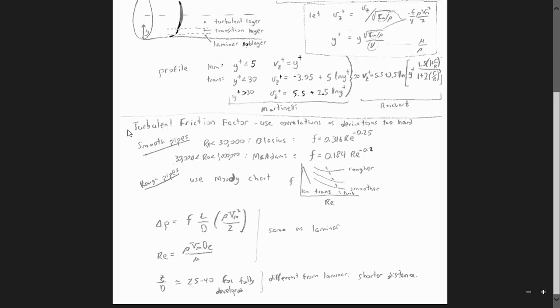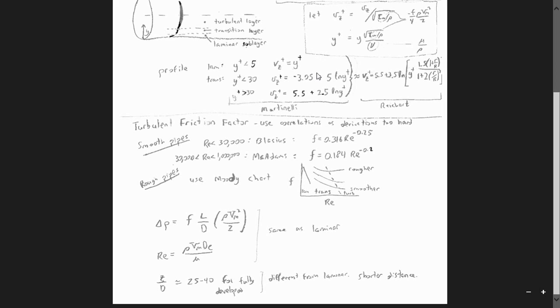Okay, let's move on to the friction factor. If we wanted to work out the turbulent friction factor, we're going to again use correlations. The derivations are just too hard. We've already given up here on trying to find a method for finding a velocity profile that comes from first principles.